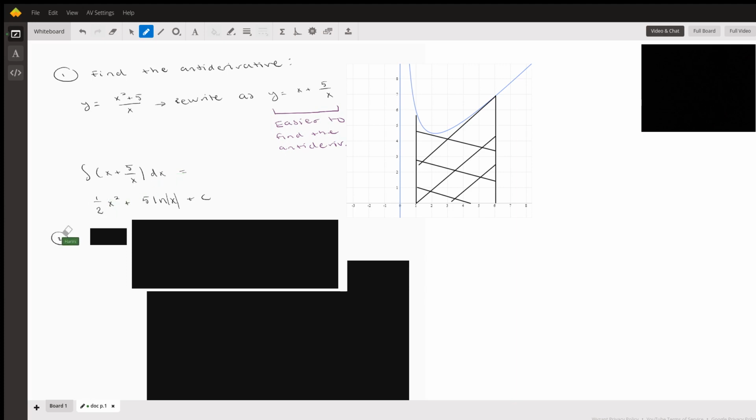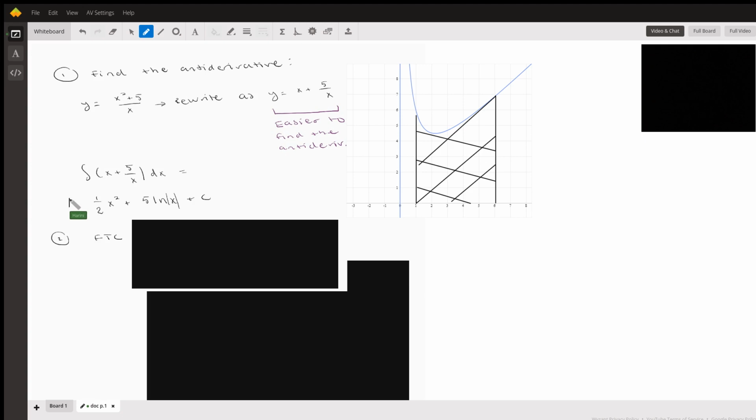And now what do you do from here? Well, you know from the FTC, like I said before, that what you're really now going to do is just find the difference between the function values of this. Let's let this be f. I keep saying f, right?